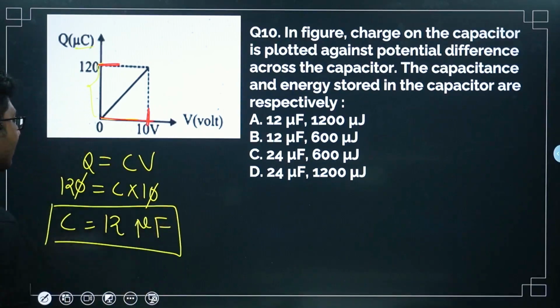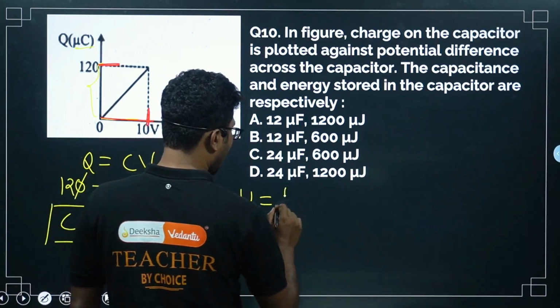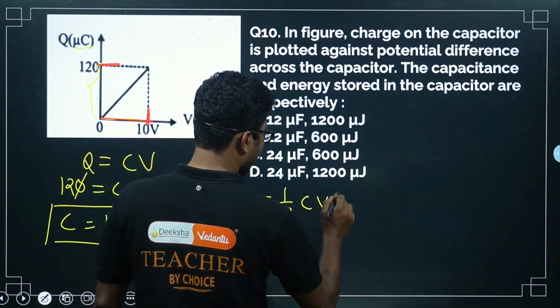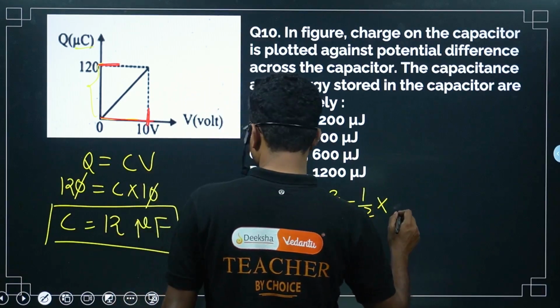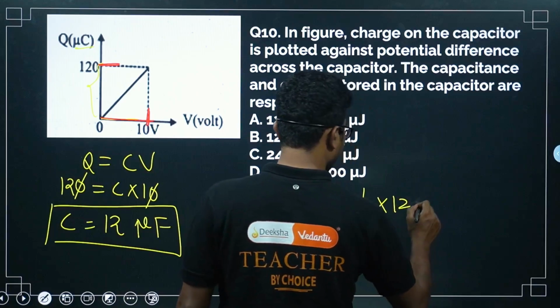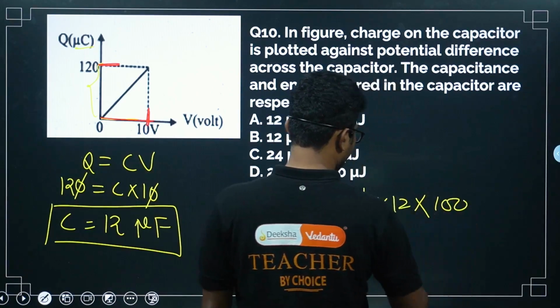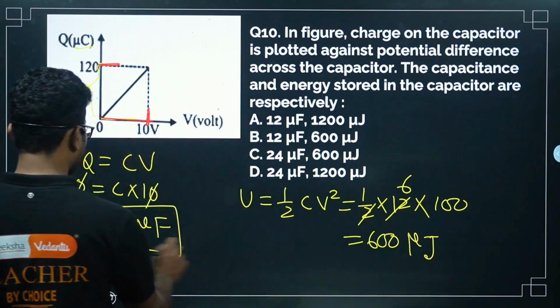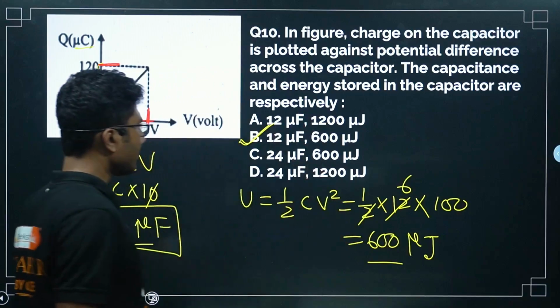So capacitance we have calculated. Now we have to calculate the energy. The potential energy is given by half CV squared, right? So half, C is already calculated as 12 microfarad, V is 10, so 10 squared is 100. So it will cancel, and we get 600 microjoules. That is correct, option B.